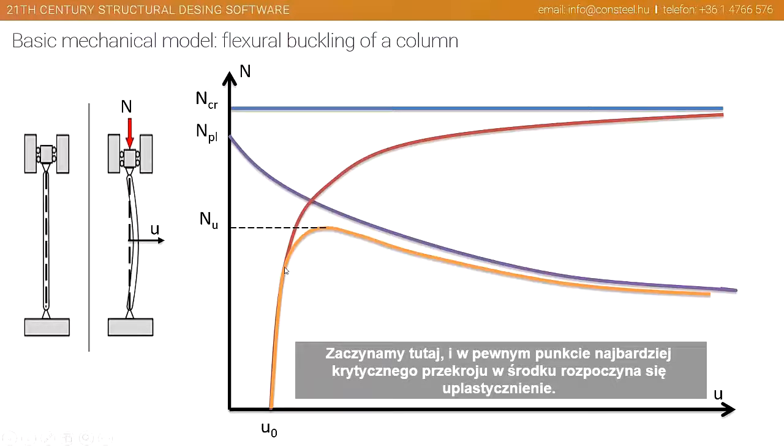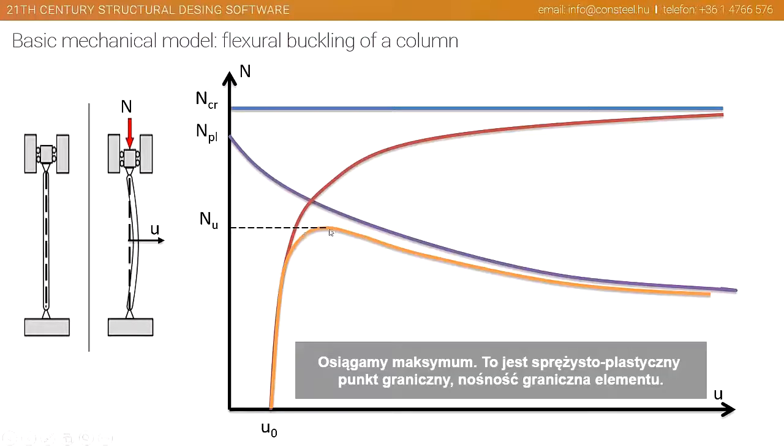The plastic deformation started, and then we have lower and lower stiffness value due to the larger and larger plastic area in the cross sections and along the member, and then we reach a maximum value. This is the elastoplastic limit point, limit resistance of that member, and then we have some post-critical path here approaching the plastic resistance of the critical cross-section.